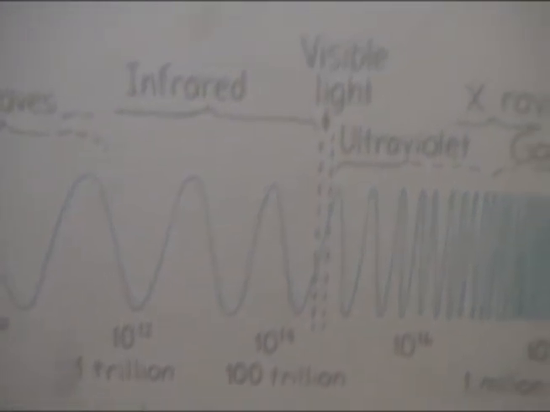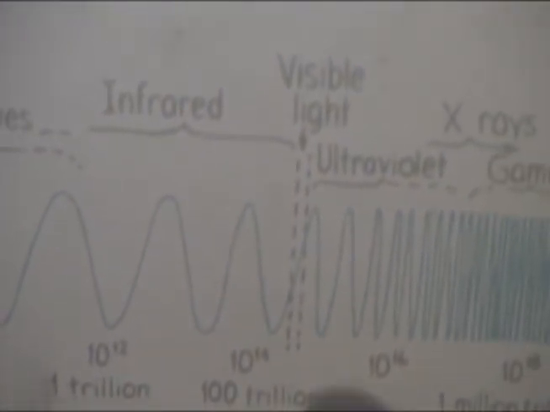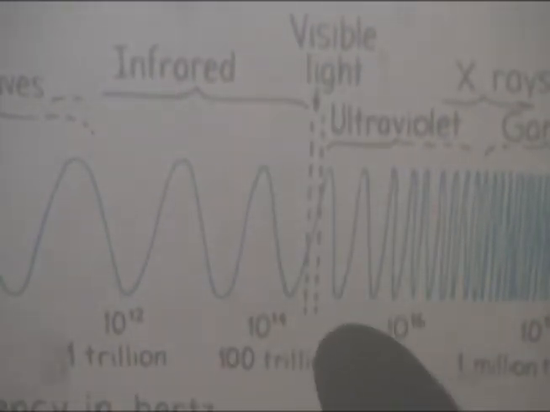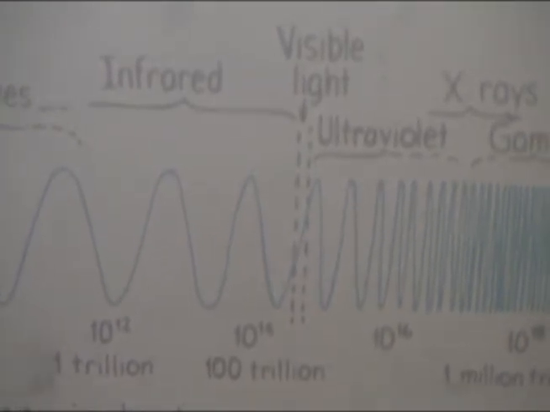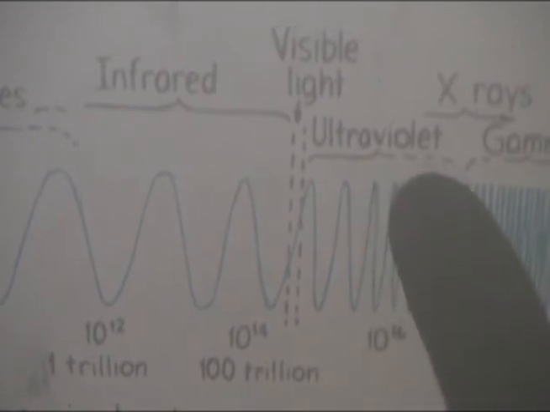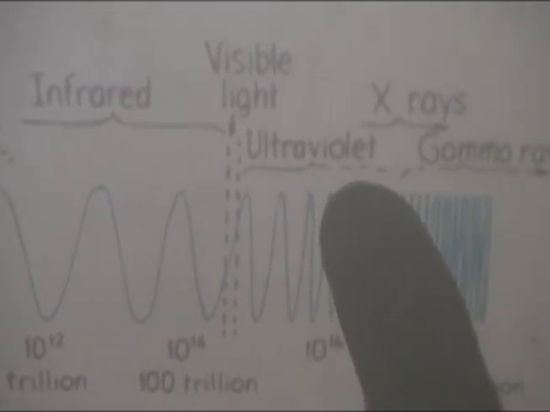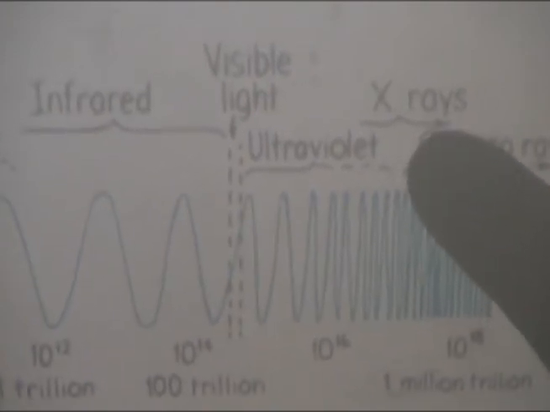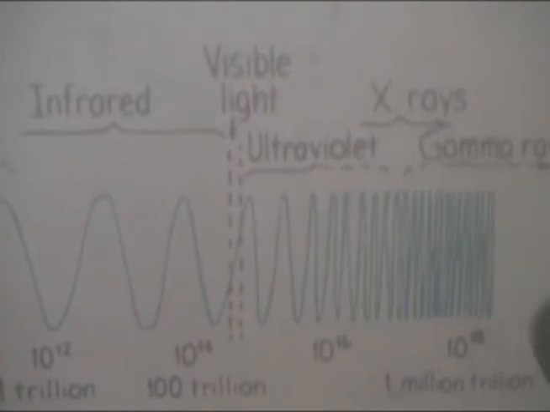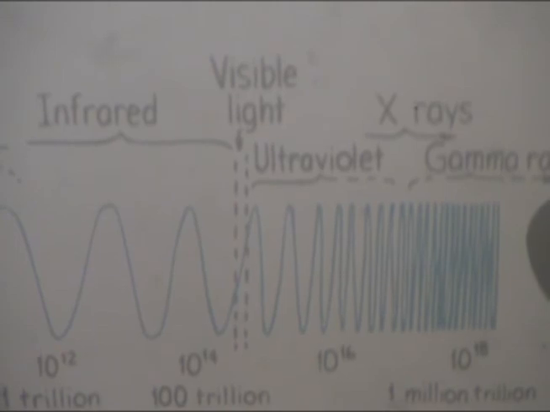That's where all the frequencies, all the colors that we can see with our eyes, lie in this little band here. If we go to even higher frequencies, we get into ultraviolet light, which we cannot see. We then reach X-rays and eventually gamma rays.